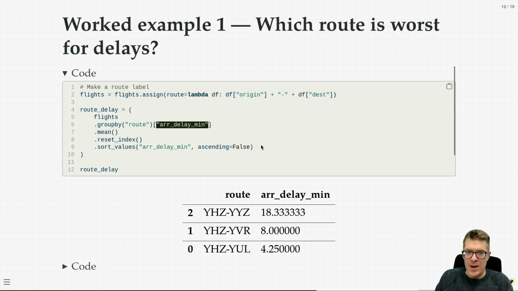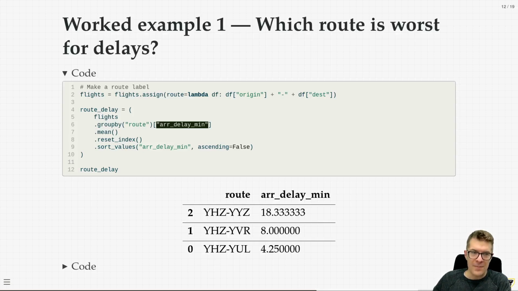There might be several instances of YHZ-YYZ in the data frame flights. It'll just group all of those together. And then it'll also group together all the instances of YHZ-YVR into another group of elements.